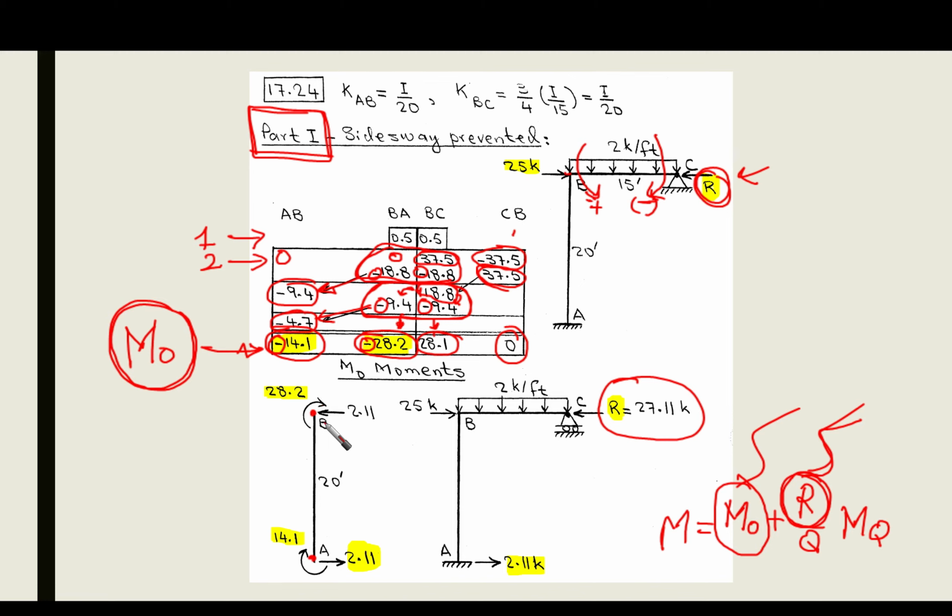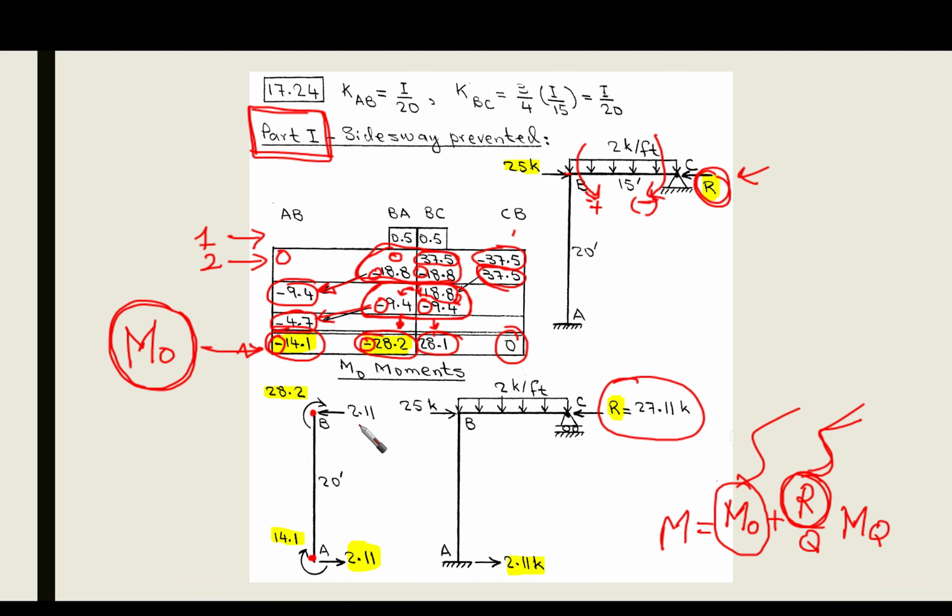Well, now we have the end moments of this column AB. We want to know how much shear is going to be developed at the bottom and at the top of this column AB due to the induced M node at the end of this column. Then we're going to simply take the moment here at point A, and we will find that we need a coupling moment produced from the shear at the top and bottom of the column.